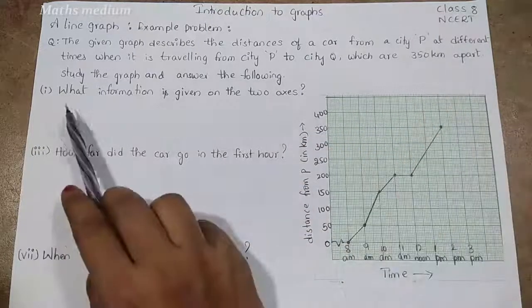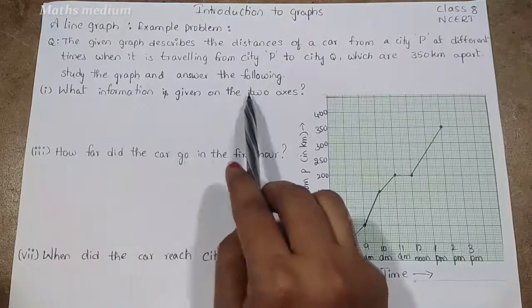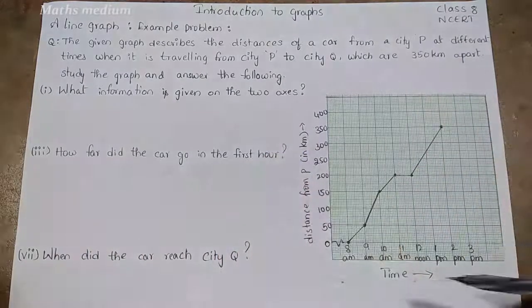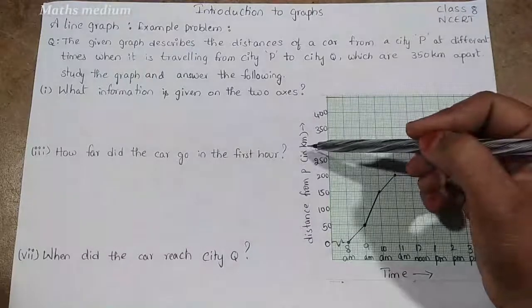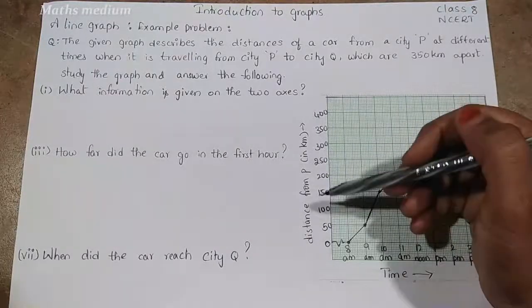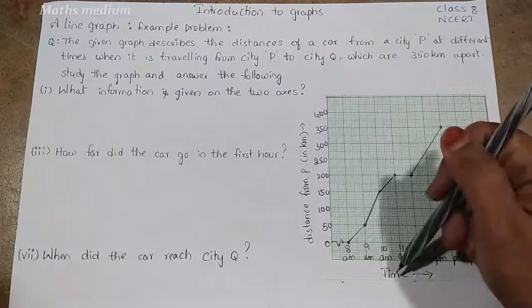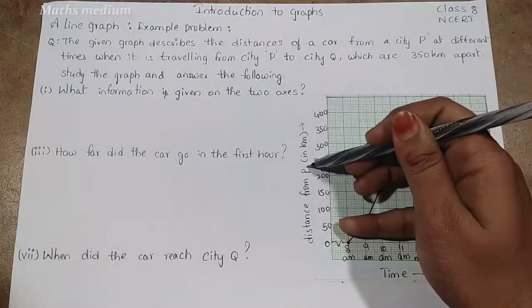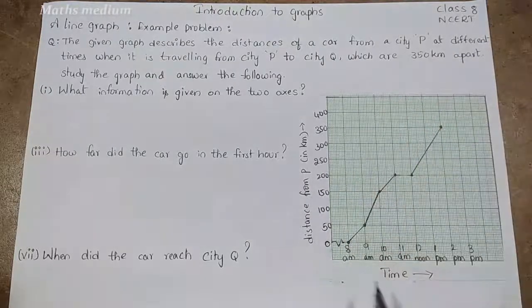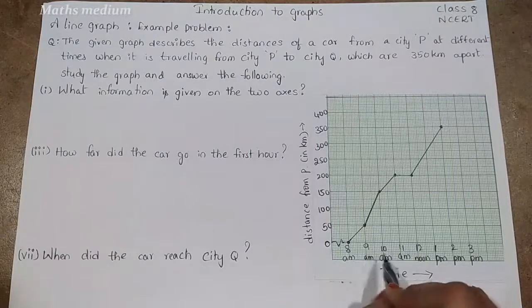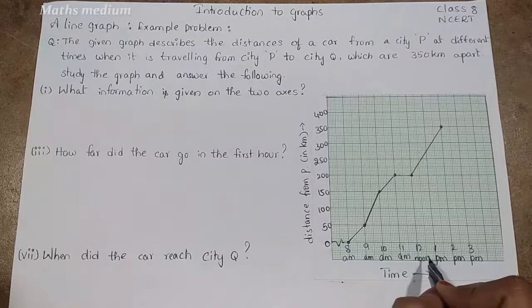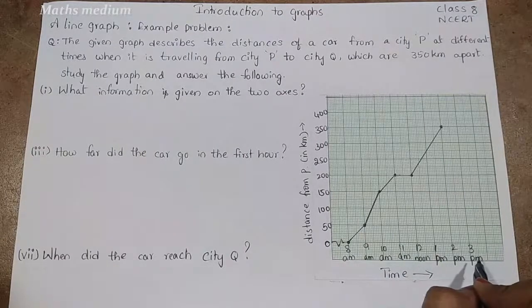Now what information is given on the two axes? So this is one axis and this is the other axis. Axis 1 and axis 2 are telling about time and distance from P in kilometers. So this is the time: 8 am, 9 am, 10 am, 11 am, 12 noon, 1 pm, 2 pm and 3 pm.